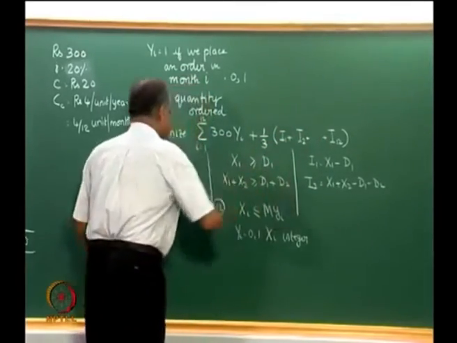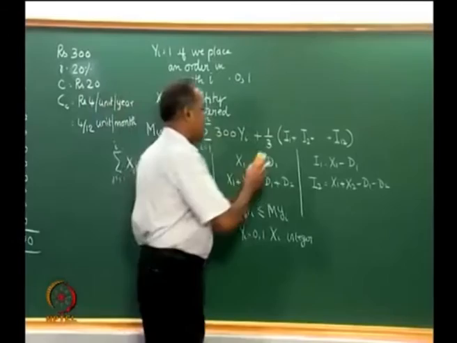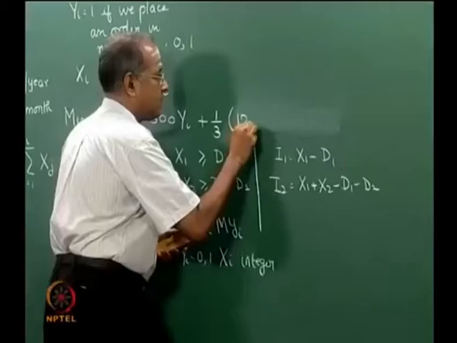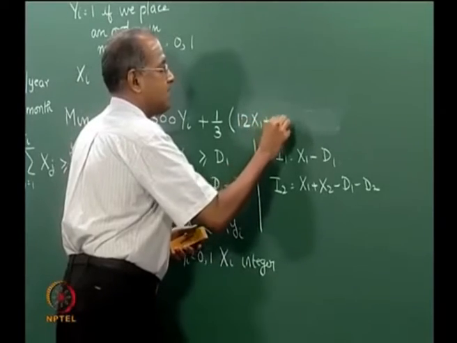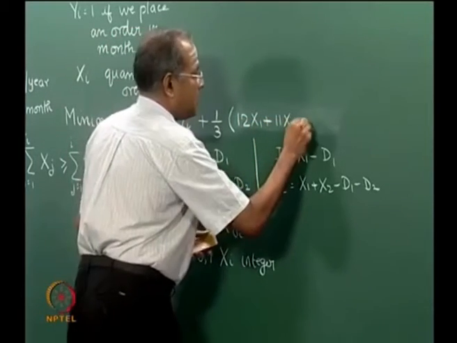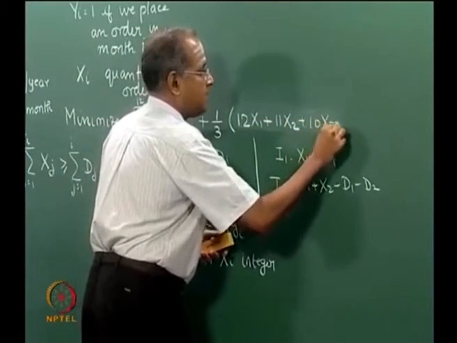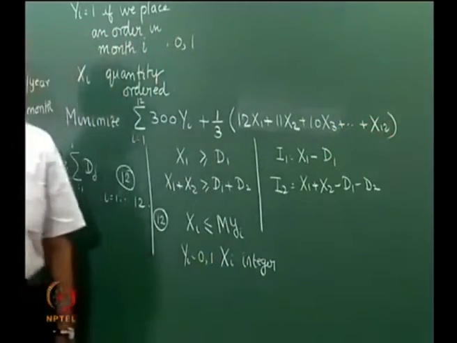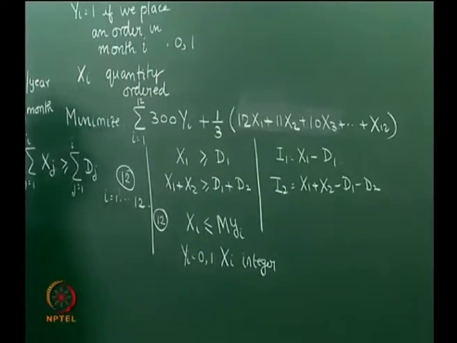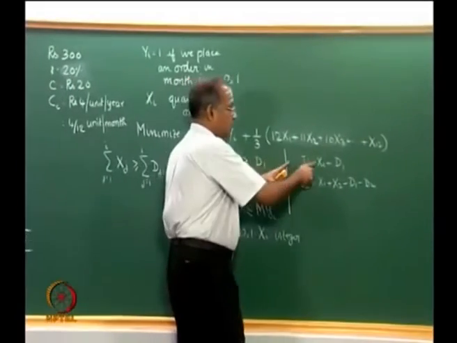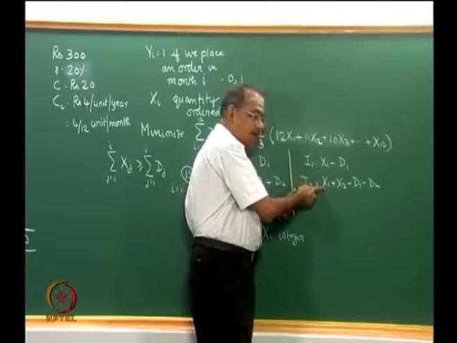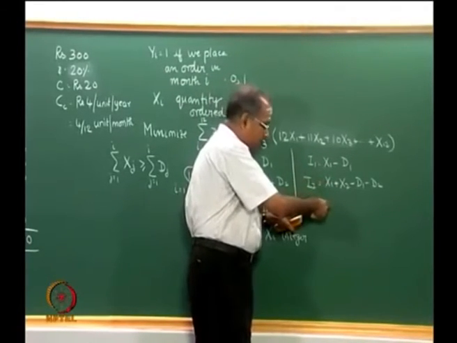So, when we substitute this into I1 plus I2 plus I3, what we will get is 12 times x1 plus 11 times x2 plus 10 times x3 etc. up to x12, because for I1 you are going to have x1 minus d1, I2 also is going to have x1 plus x2, so it is going to have an x1 term, I3 also will have an x1 term.